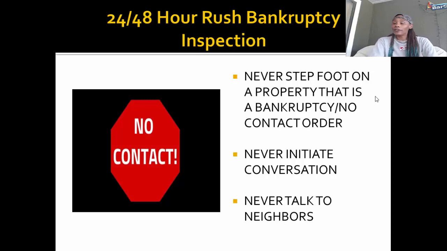Never initiate a conversation either, and never talk to the neighbors. Just complete your inspection as best as you can from the street, from your car, whatever. Complete it the best you can to determine the occupancy status of that property, and make sure that you submit your results within the specified time frame.